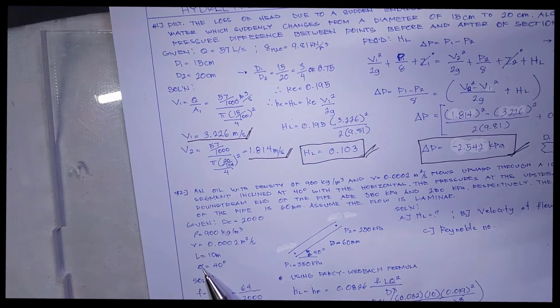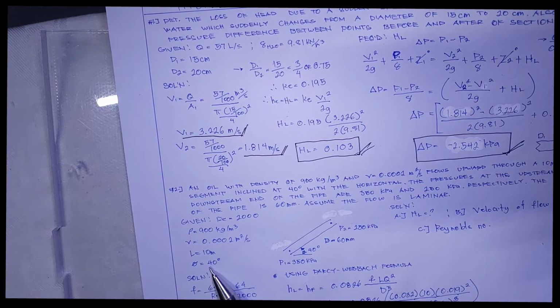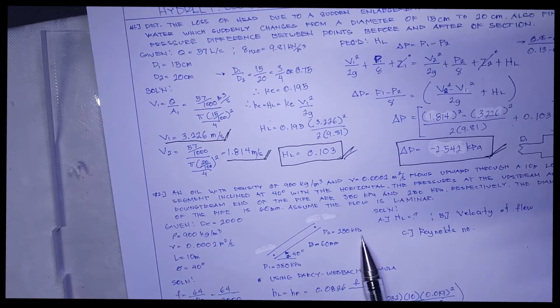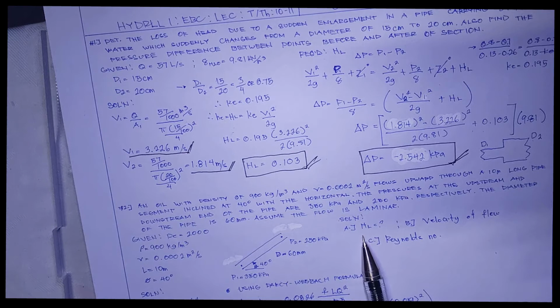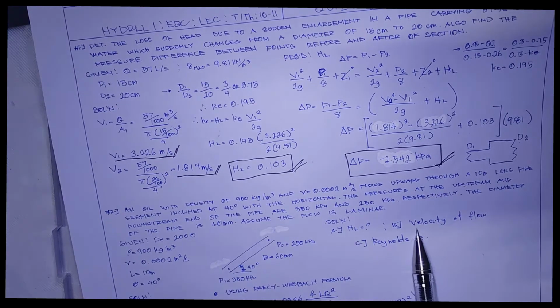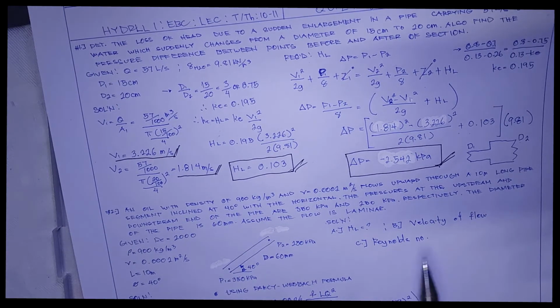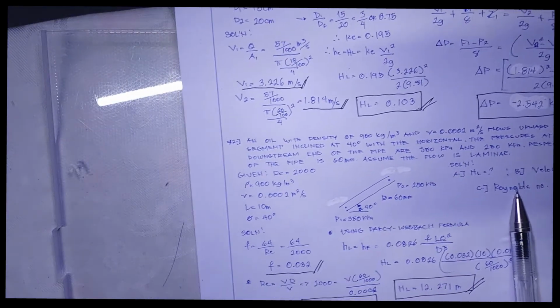And then the grade or the angle, because the pipe is inclined, 40 degrees. So the required are the head loss and the velocity of flow and then the Reynolds number.